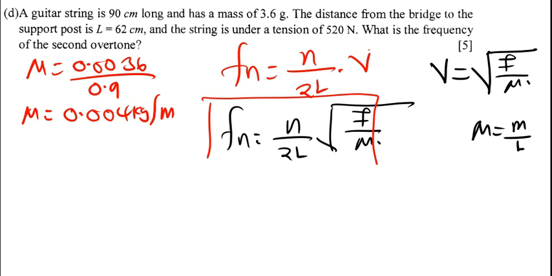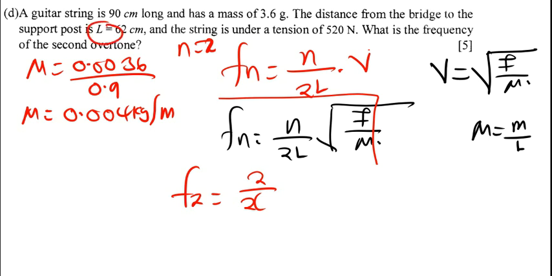So now that we have the linear density, we can go ahead and find the second overtone. n is equal to 2, so where there is n, we will put 2. So I'll say f2, n is equal to 2. The length we are talking about down here is now this one, which is 62 centimeters, divided by 100, which is 0.62.